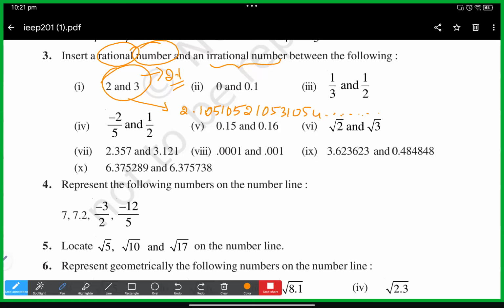So it is a non-terminating, non-recurring decimal, and we should keep the dots at the end. So it is an irrational number between 2 and 3. If you forget to keep the dots, it will come under terminating decimal, then it will become a rational number.